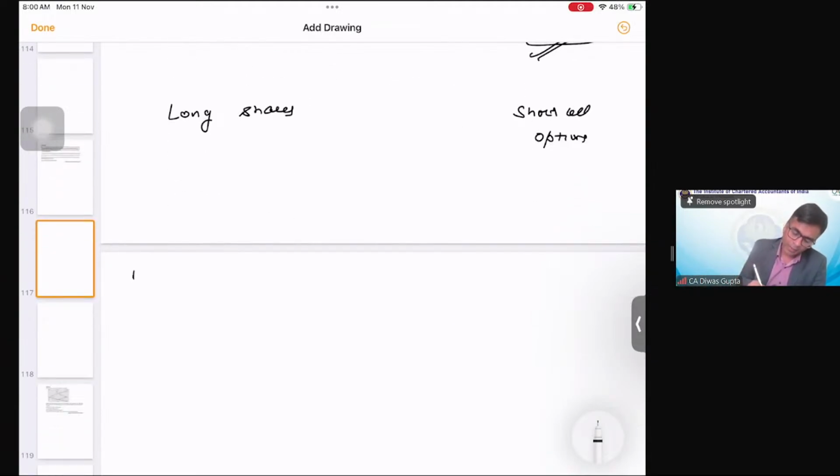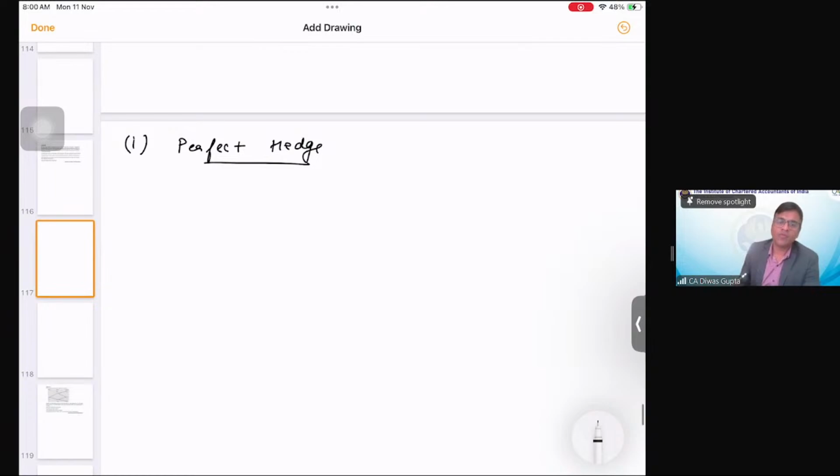Okay. Now let's talk about the perfect hedge. The first part is talking about perfect hedge, right? So let's first calculate the range of the payoffs.